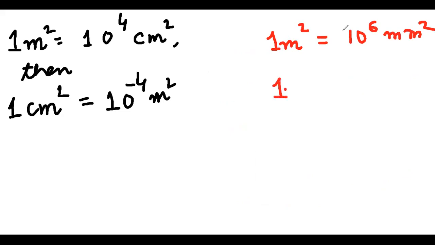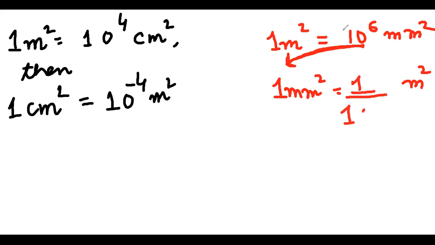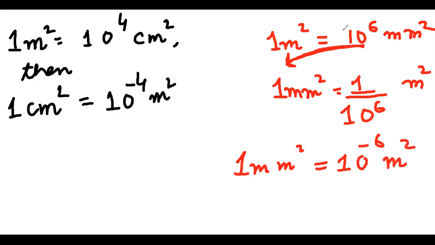So it means that 1 millimeter square will be equal to how many meters square? This will come here in the denominator. 10 raised to power 6 will come in the denominator, and then it becomes 1 upon 10 raised to power 6, which can be written as 1 millimeter square is equal to 10 raised to power minus 6 meter square.